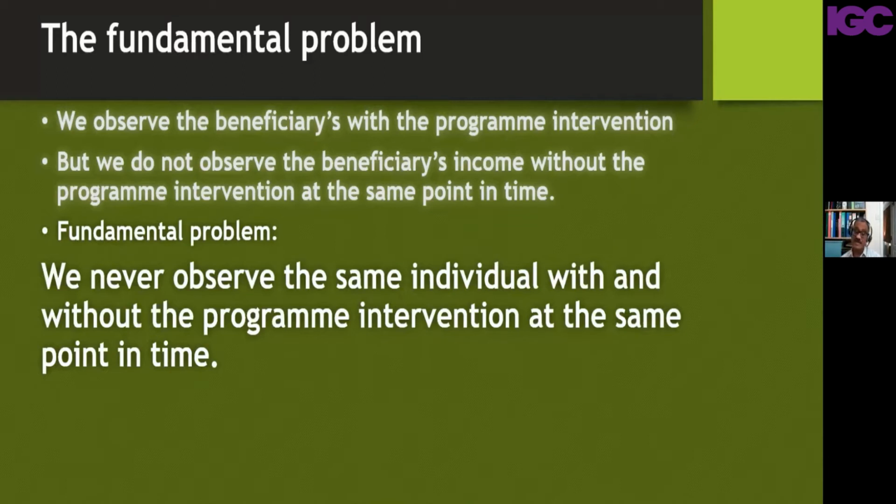That is because the beneficiary either participates in the program or does not participate. So we cannot have a beneficiary simultaneously participating and not participating in the program. So the fundamental problem is that we never observe the same individual with and without the program intervention at the same point in time. In impact evaluation, that is what is known as the fundamental problem.